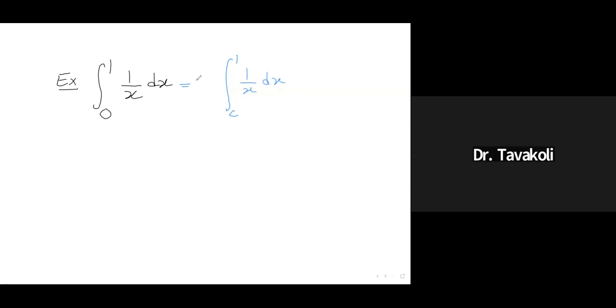After calculating this, I let c tend to 0 from the right side. Why? Because the interval is from 0 to 1, so c should be inside the interval and approaching 0. That's why it is from the right side. c is on the right side of 0.